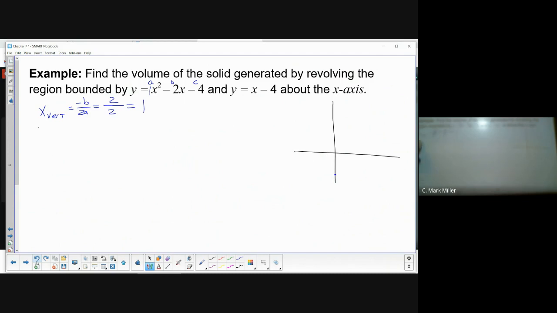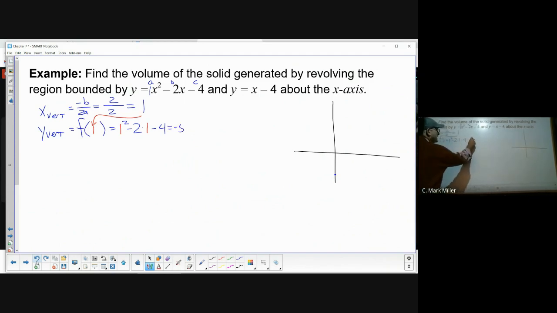And so the y-coordinate of the vertex is the functional value at 1, and that's going to be 1 squared minus 2 times 1 minus 4, so that is 1 minus 6, which is negative 5.